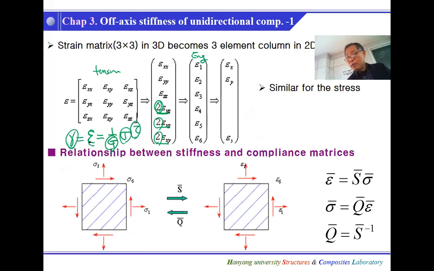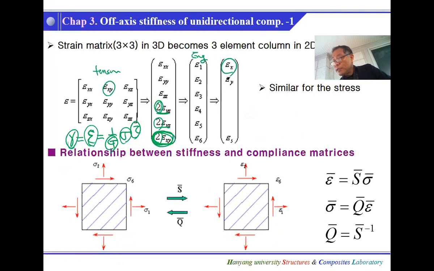This gamma is not this one, but twice of this. So this is just a convention. We are used to defining the material property using this shear strain. So nothing special, but we need to be careful.